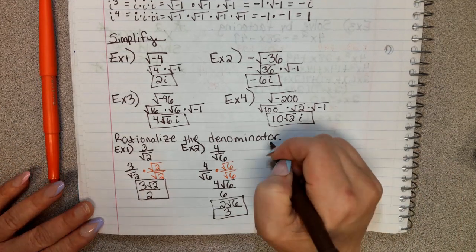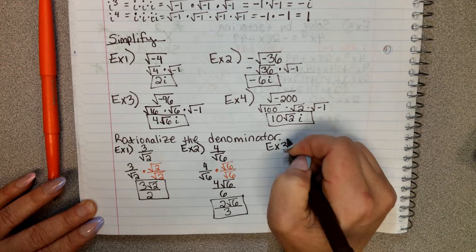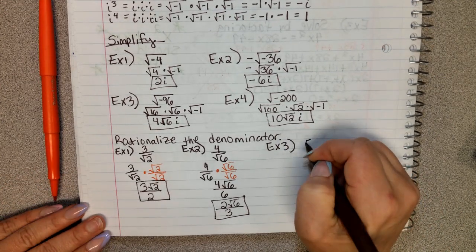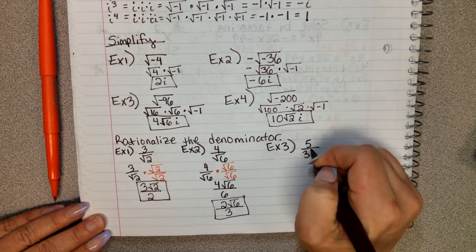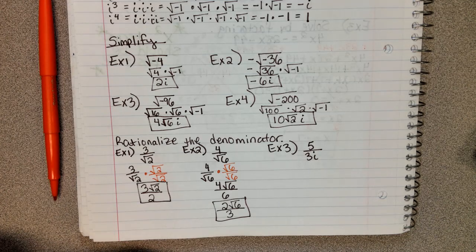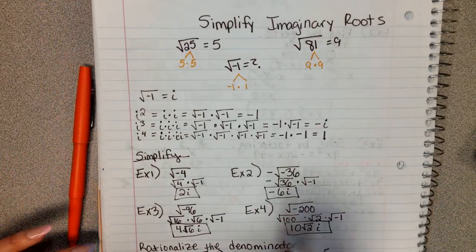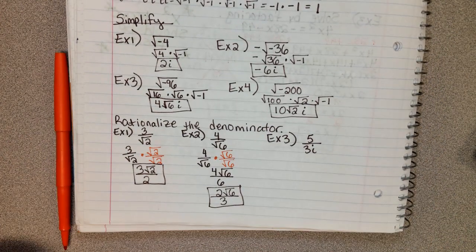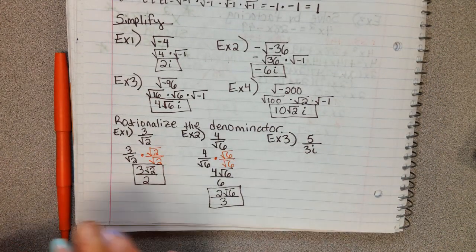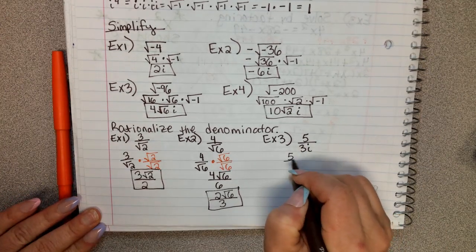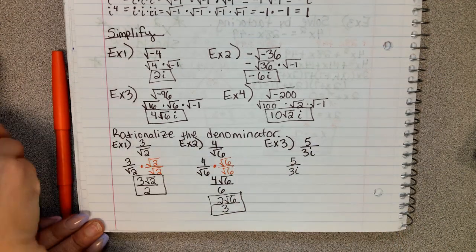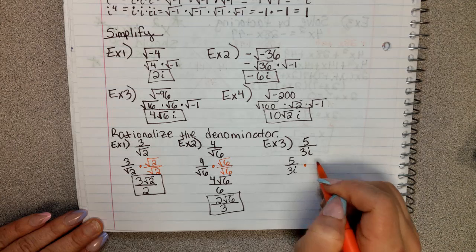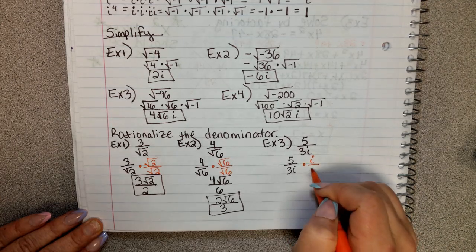Let's see. What if I have an i? So let's say I have 5 over 3i. Now remember, we talked about this earlier, i is the square root of negative 1. So since i is a square root, it cannot stay in the denominator. So I'm going to do the same thing I did before. I'm going to take my fraction and multiply by 1. This time I'm going to write the number 1 as i over i.